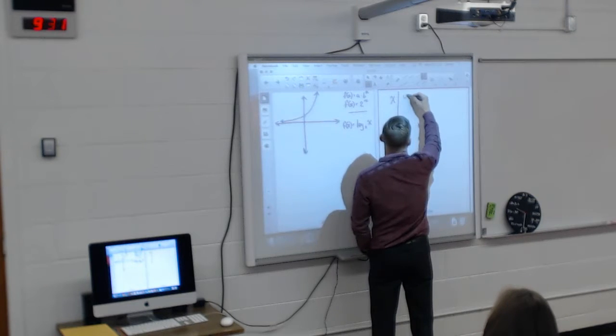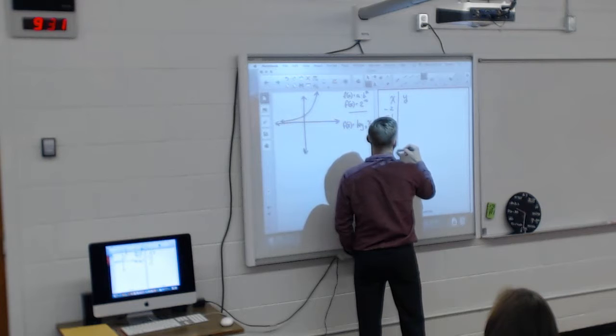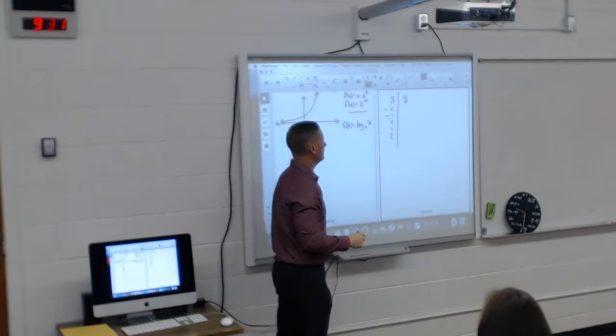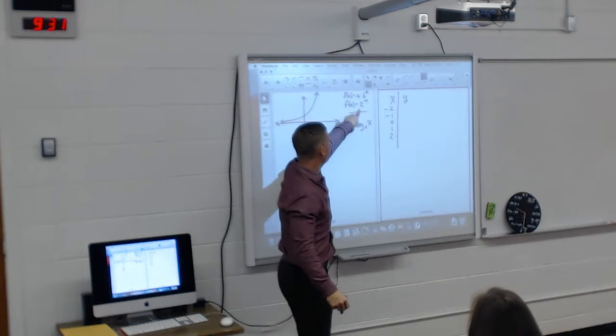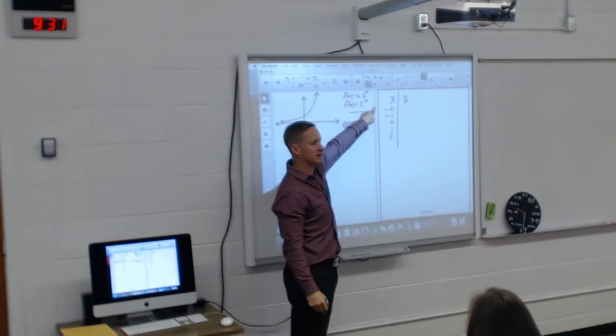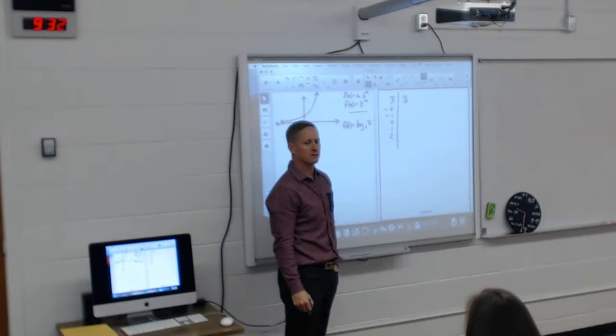So I've got x, y. Minus 2, minus 1, 0, 1, 2. Just going to use those values. So I substitute them into y equals 2 to the x. 2 to the negative 2 is? Think back to yesterday. What is 2 to the negative 2?